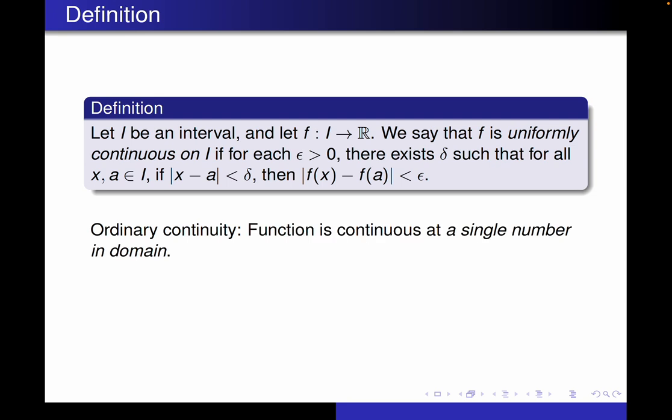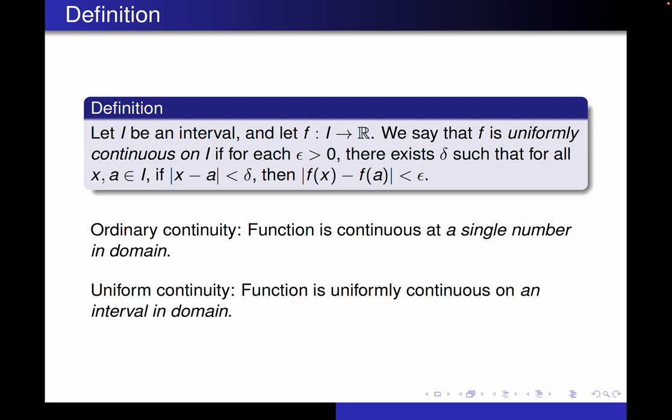So ordinary continuity, the function is continuous at a single number in the domain, a single a. But notice that for uniform continuity, the function is uniformly continuous on an entire interval. That is why a must be considered a variable, because it could be any number in the interval that makes up the domain.